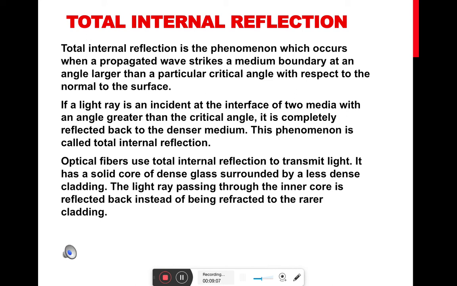Rather than going out of the cladding, this ray will be reflected back to the core. So like that the ray gets propagated through multiple total internal reflection inside the core cladding interface. This is how a light incident at a transmitter propagates through an optical fiber and reaches the receiver end.